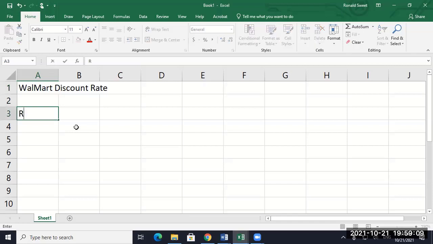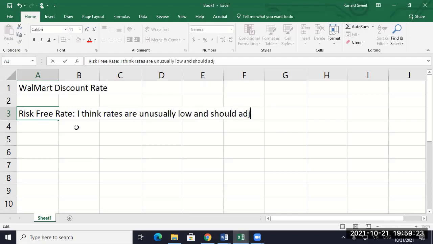All right, so risk-free rate. I'm going to have a discussion: I think rates are unusually low and should adjust back to more reasonable levels. I'm avoiding the word normal as much as possible, but you need some discussion about that.